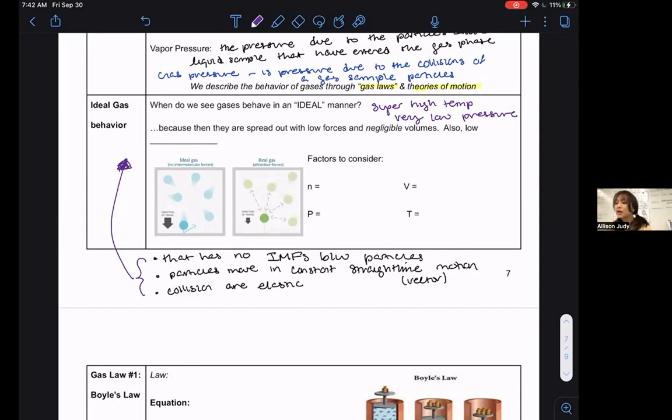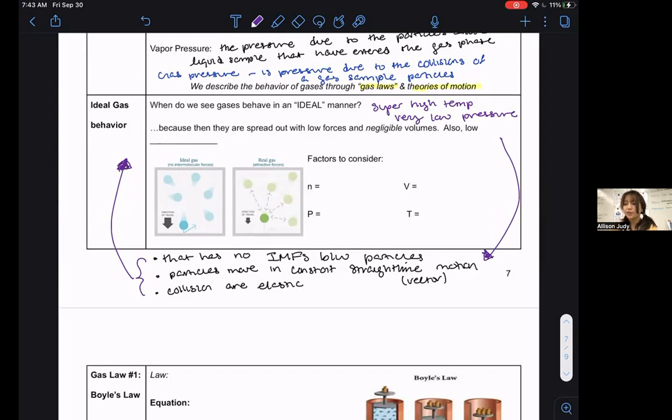This is because when they're spread out, with low forces and negligible volume, we can predict that there will be very low intermolecular forces.